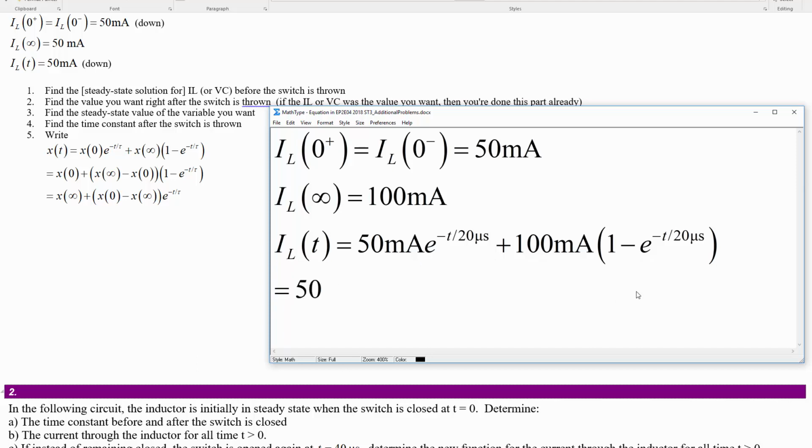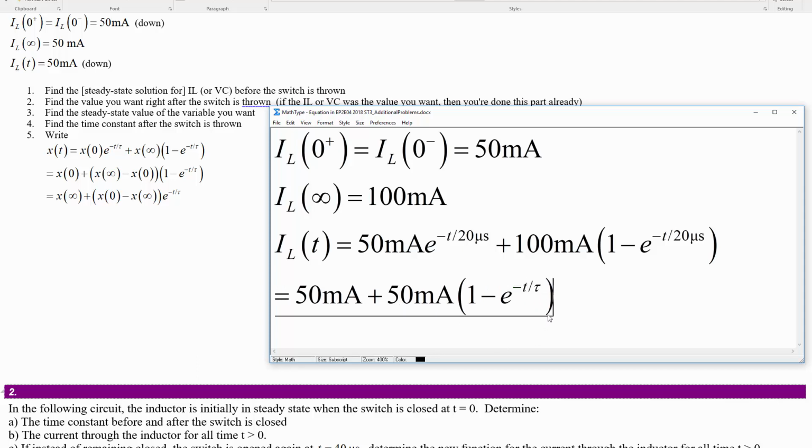So then we have 50 milliamp plus 50 milliamp times 1 minus e to the negative t over tau. And that should be the same as if we kind of factor out a 50 milliamp from each thing.